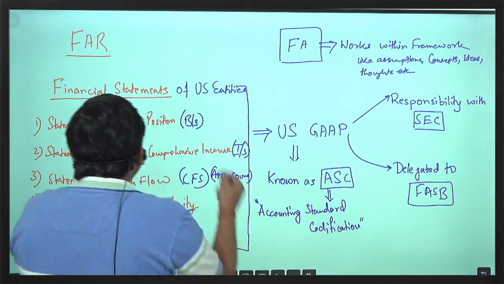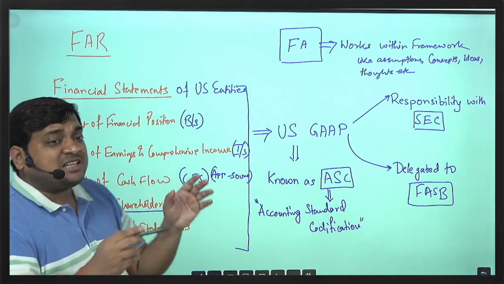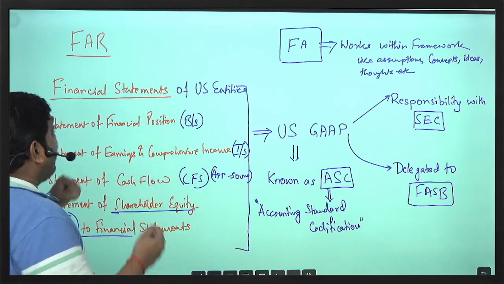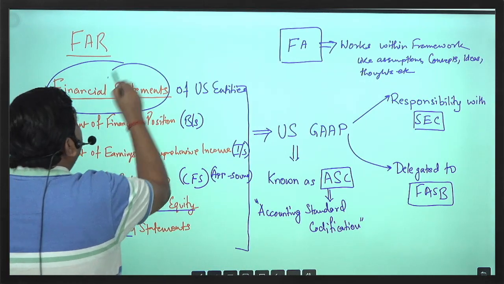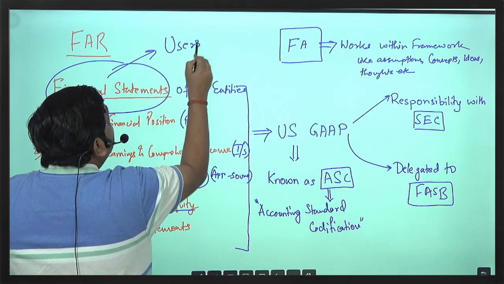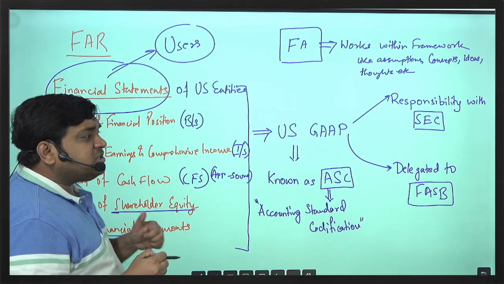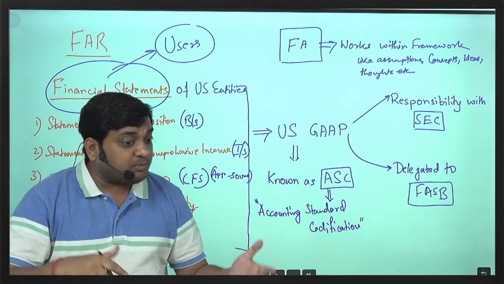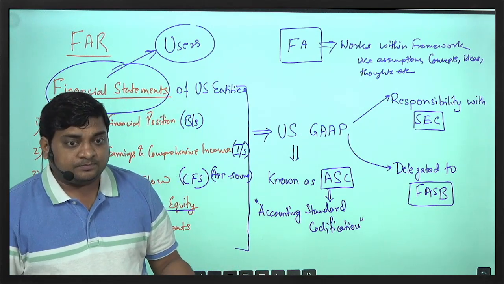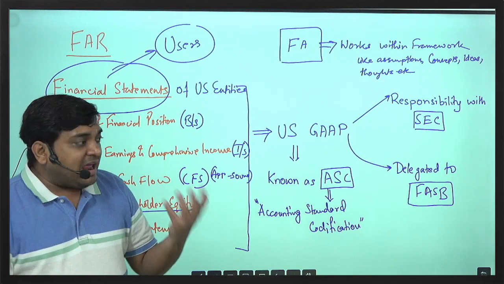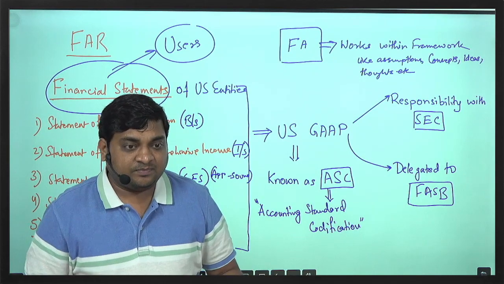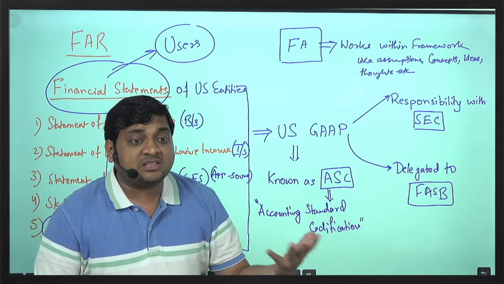So this needs to be communicated to users so that users can satisfy their informational needs. So I'm giving these statements to users. These users, government, lenders, creditors, investors, current, potential, all, and they need this information so that they can take their decisions whether they want to continue their business relationship with us or not.